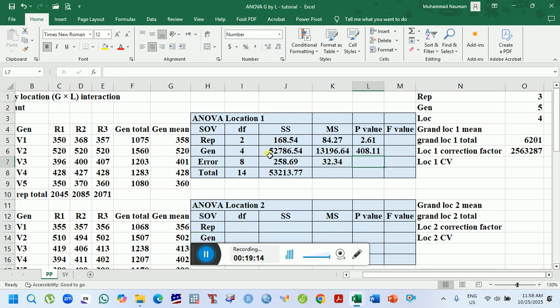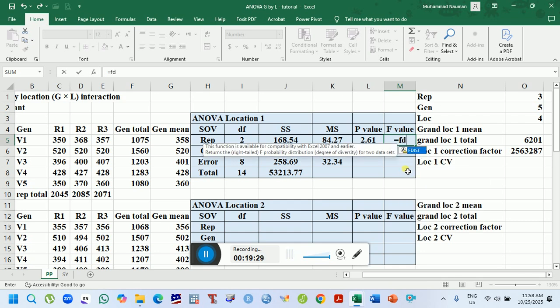Now we will calculate the F value, Fisher values for replication and genotype. Type is equal to, apply the function F distribution, FDIST, and now click on FDIST. It means F distribution, Fisher distribution. Make the selection.